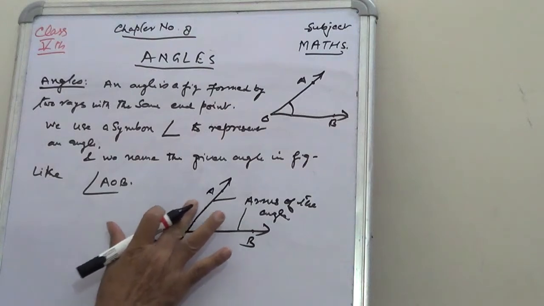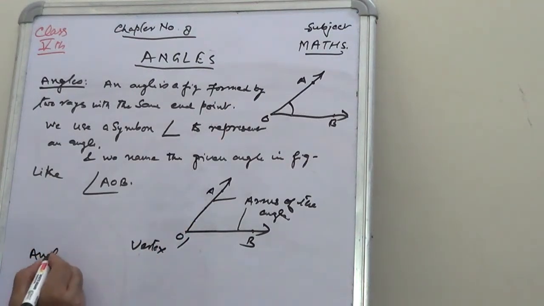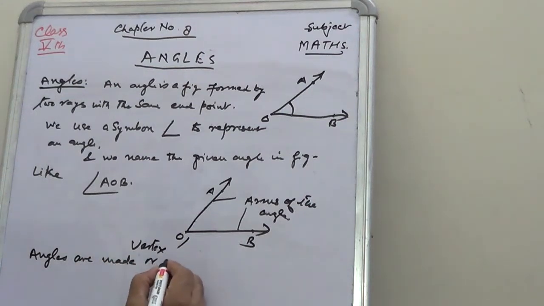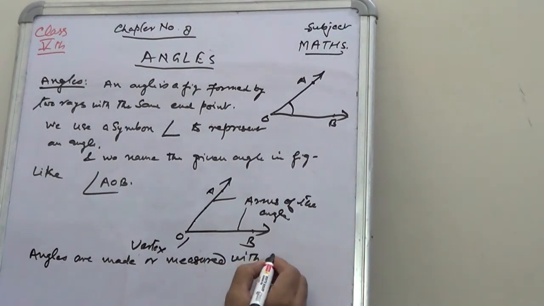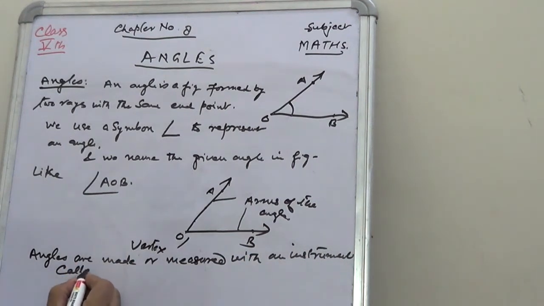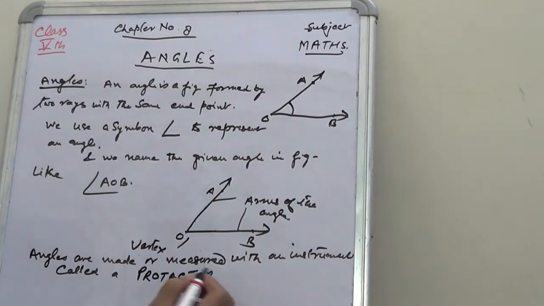And angles are made or measured with an instrument called a protractor.